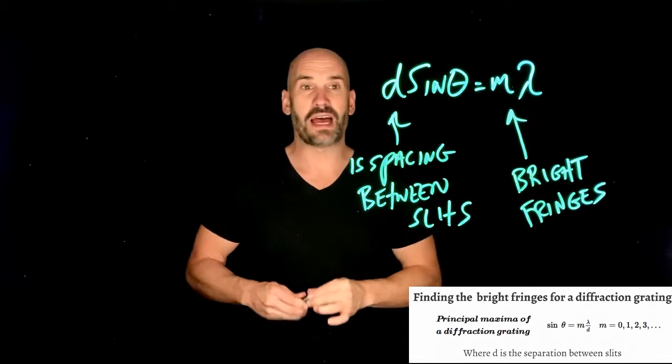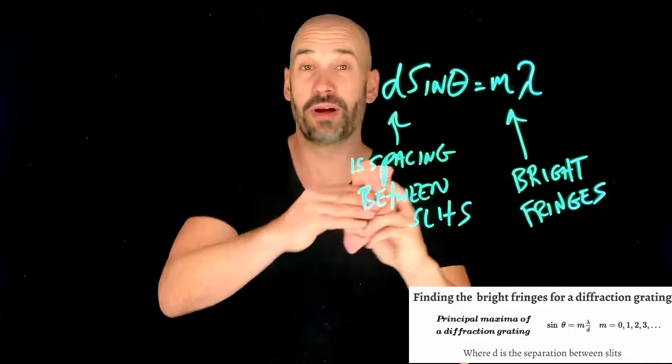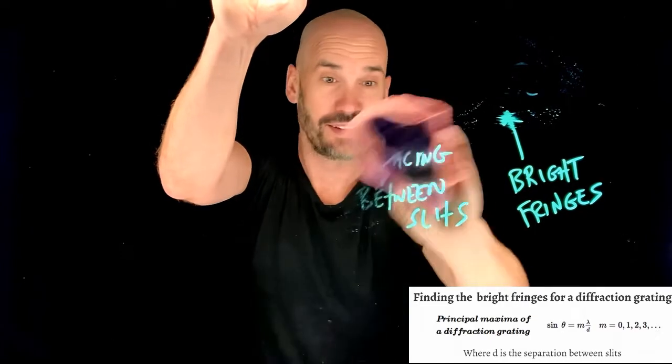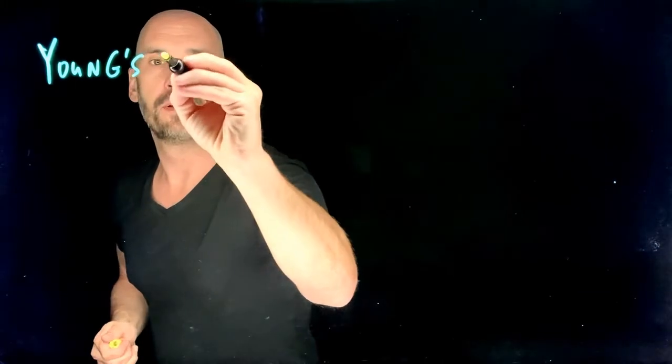So it might be a good time to break this down a little bit. Take a look at that, write it down, because it's going away. Here are our three different situations so far. We have Young's double slit.